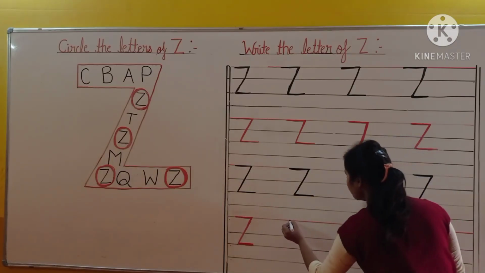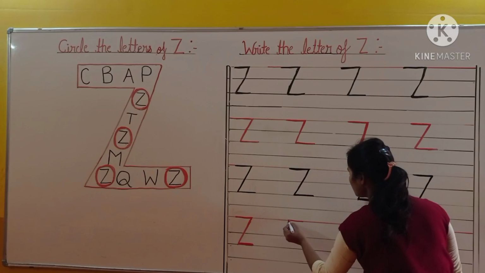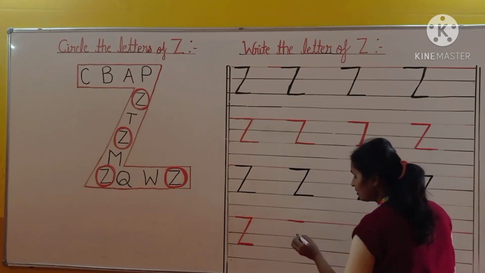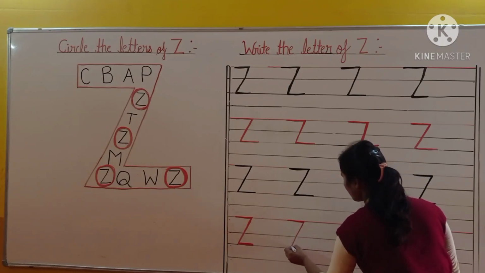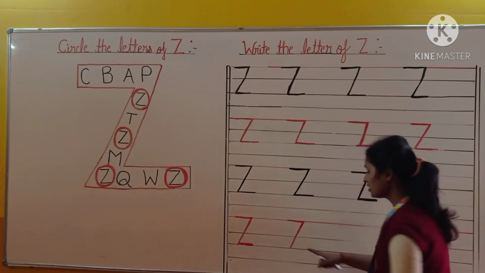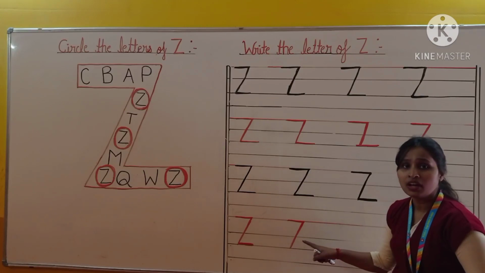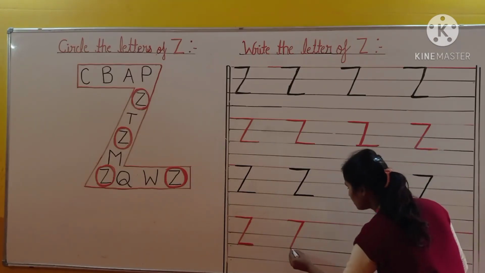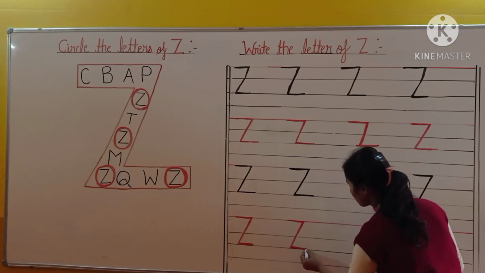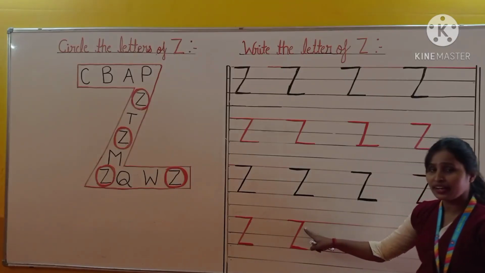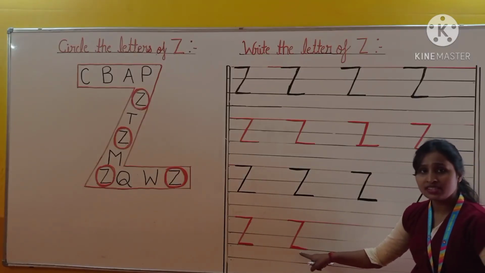Repeat again. Start from the dot, draw a sleeping line. Then slanting line down. This is a slanting line. After that, another sleeping line. This is a slanting line, and after that this is a sleeping line.